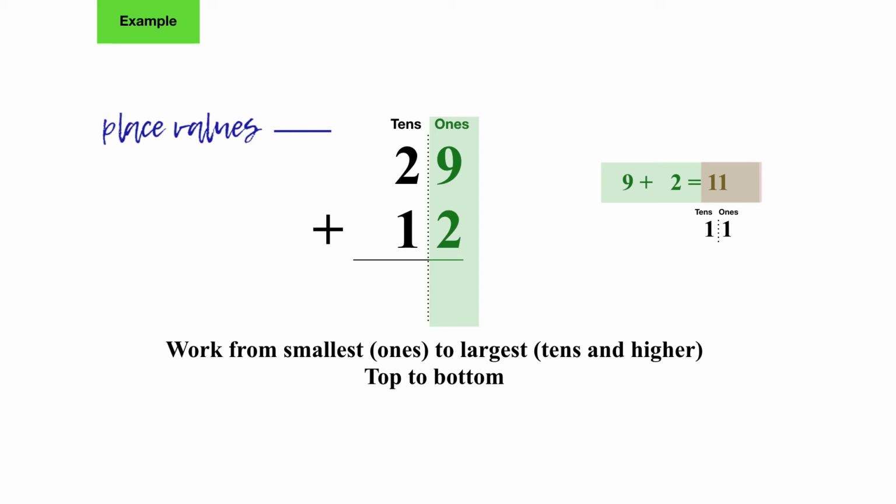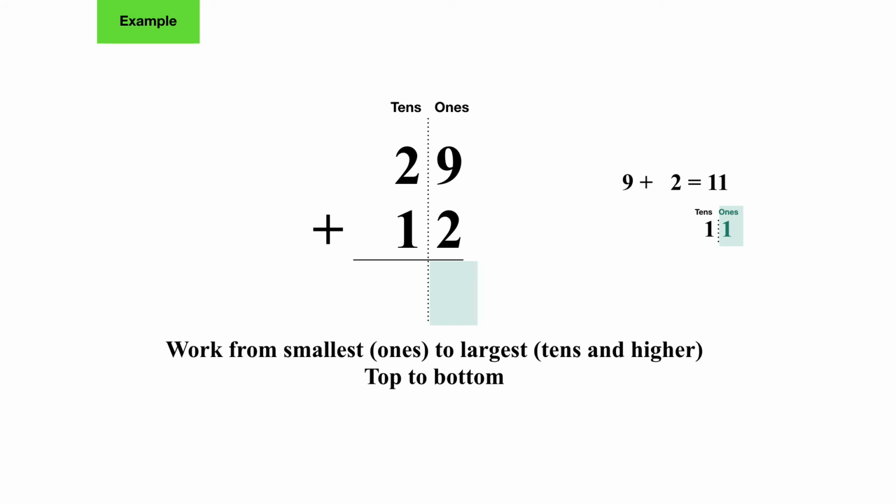The first and foremost step I need to remember to do is to write the ones into the column for ones. So I'm going to write my 1 in the column underneath the ones. But the 10, the extra place value, I'm going to add to the tens column, right at the top like that. So now I've got one extra 10 I need to add up.